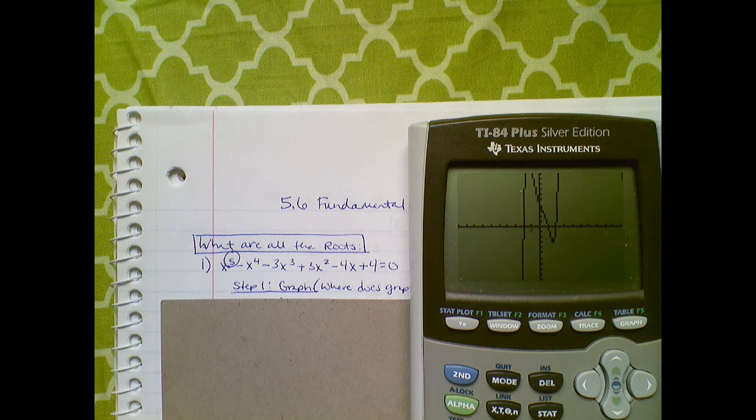And you'll notice it crosses at 3 places. So there's 3 real solutions, so the other 2 then would have to be imaginary. So first off, let's find these real ones. We need to write down these 3 solutions.